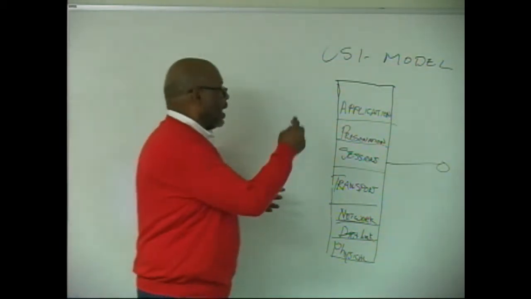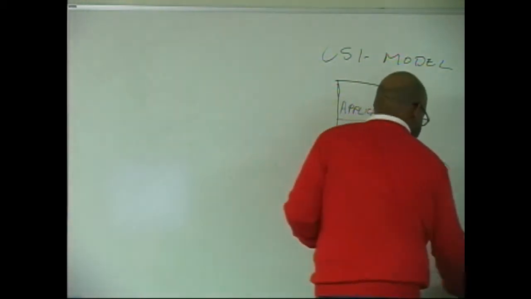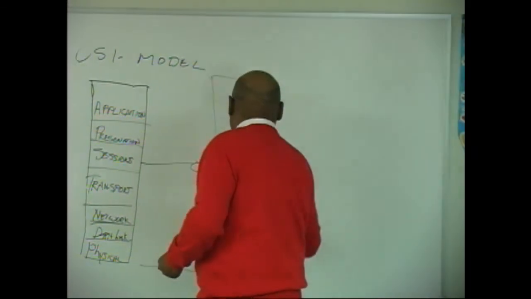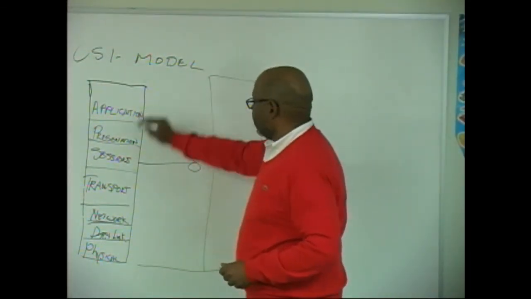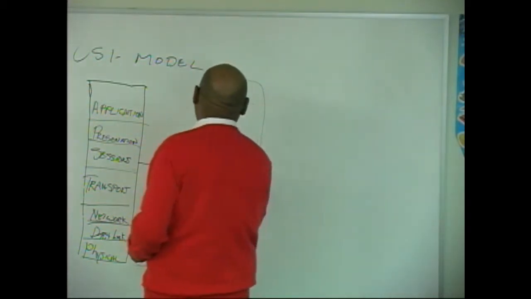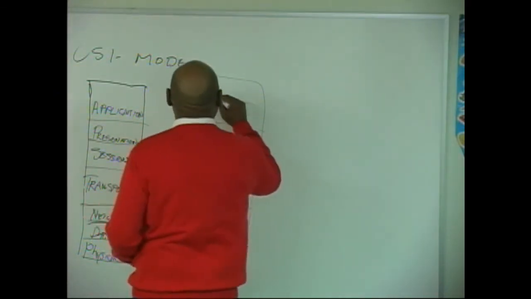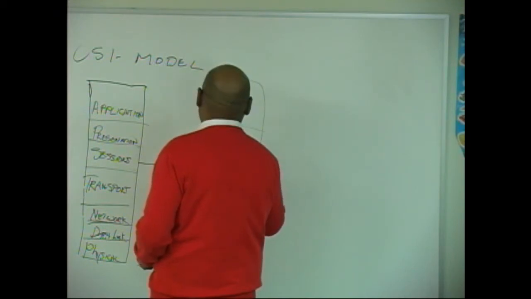But again, when this is talking like this, it goes over here, and you have to have the same thing on the other side for the other computer. And what it does is it does a loop. And you have to have all of them acting in sync. You have to have your application layer, your presentation layer, the session layer.